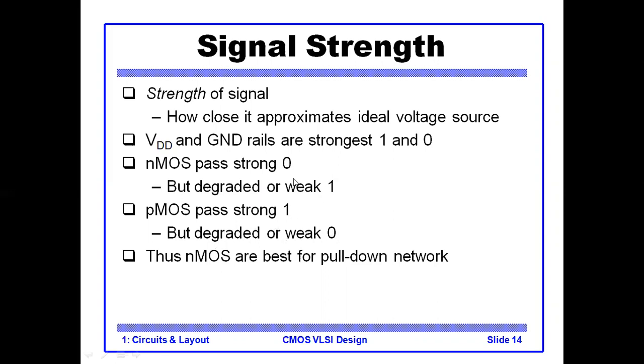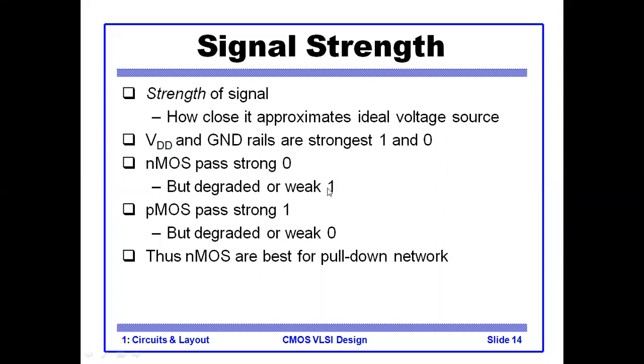So what do we mean by strong 0 and weak 1? Strong 0 means it will pass the strong zero signal. If I am applying the 1, it will not pass as a full high voltage. Suppose the 1 in terms of voltage is 5 volts.